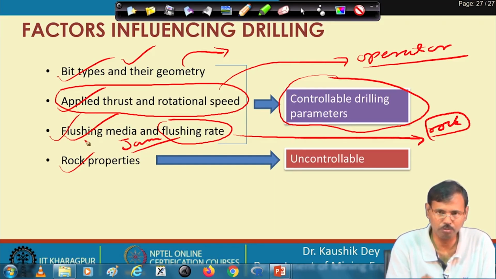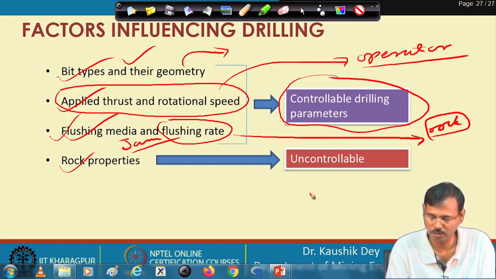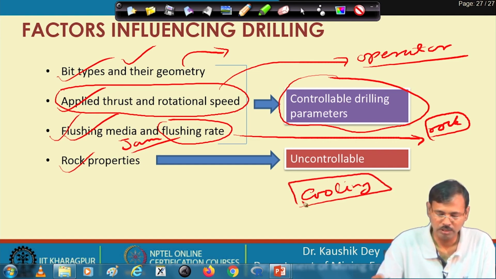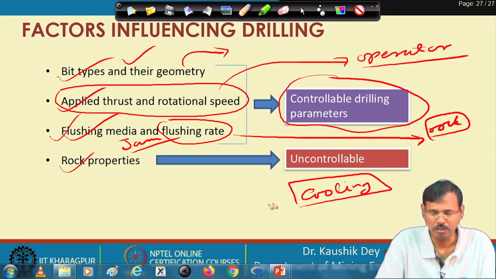The second important activity carried out by the flushing media is cooling. Generally, to cool down the drill bit, a good quantity of flushing media should be provided, so that the temperature of the drill bit is kept low.